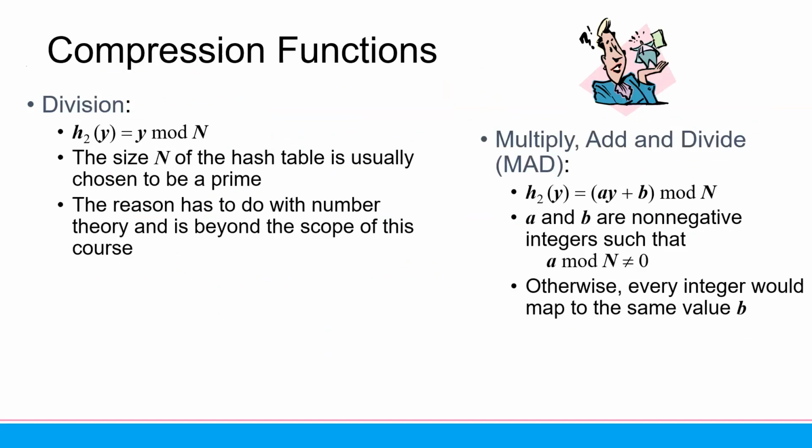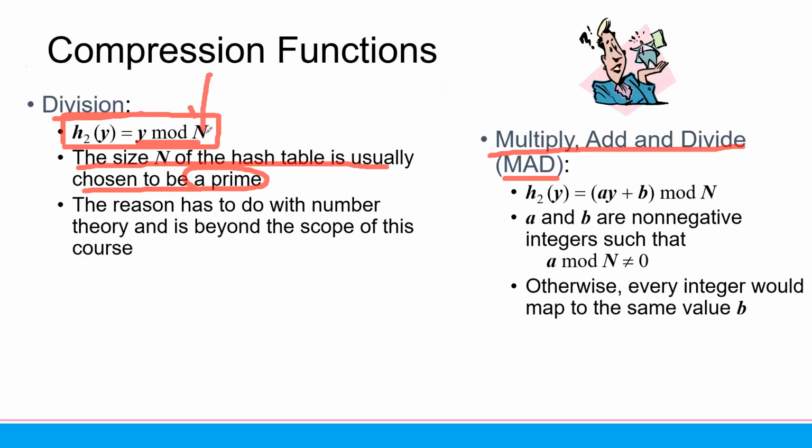And there is another kind of function, which we call division and MAD, multiply, add, divide. The division is the same as what we already saw before. We just do the mod. The mod means we get the remaining value, and the remaining value will be used for the placement. The size n of the table is usually chosen to be prime.